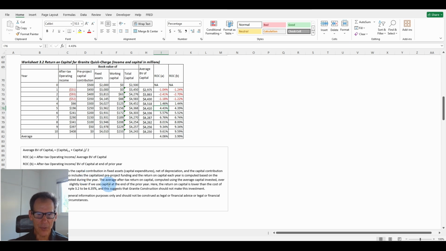The average after-tax return on capital computed using the average capital invested over the 10-year period is 4.05. It is slightly lower if we use capital at the end of the prior year. Here, the return on capital is lower than the cost of capital that we calculated in example 3.2 to be 6.35. And this suggests that Granite Construction should not make this investment.